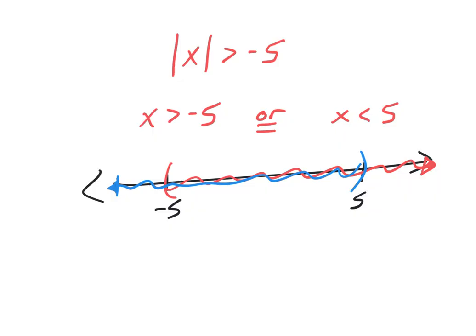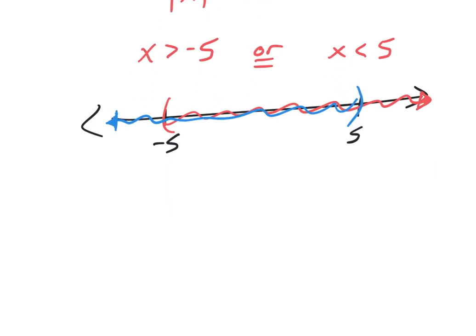All real numbers. And so this is what our graph would look like. And then my interval notation would just be negative infinity to infinity, all real numbers. So those would be a couple of special cases that you could have. Another special case is sometimes you could have where they're both going the same direction, but that won't happen very often with an absolute value symbol.